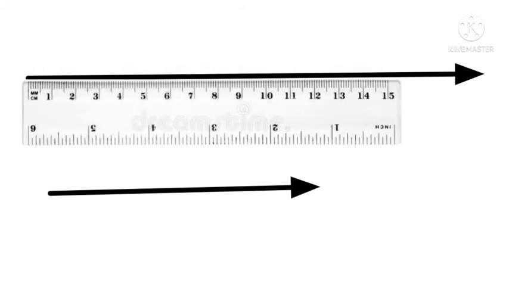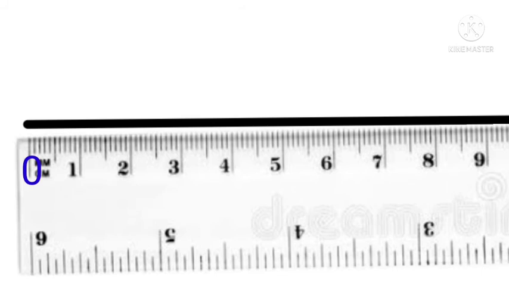We are going to measure the length in centimeters. So, at first you have to keep the scale on the line. The number 0 on the scale should be on the beginning part of the line. That means you have to keep the 0 point at the first part of the line, and it should be kept correctly on the line.